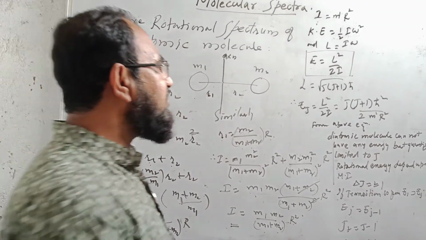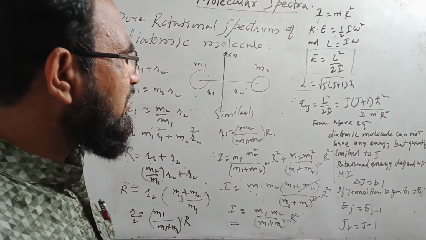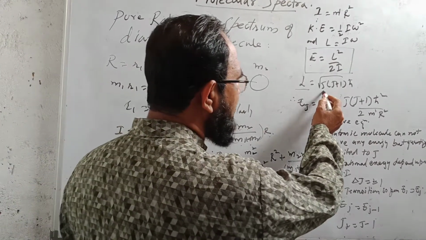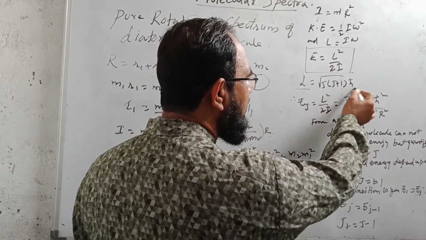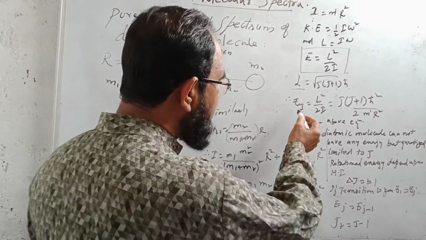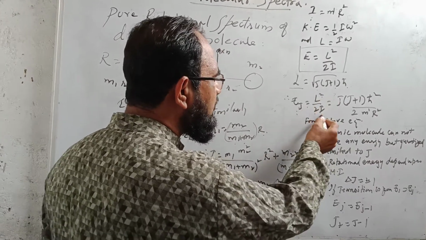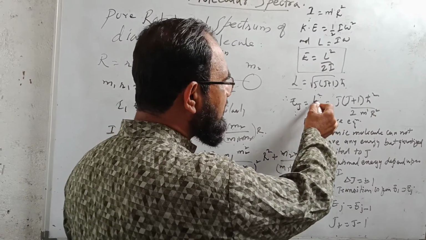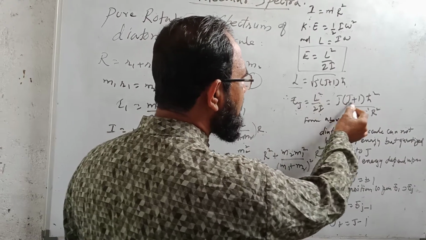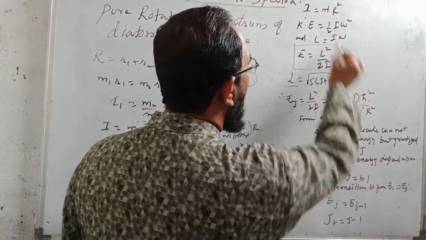But we know that L, the orbital quantum number, is equal to root over j into j plus 1 times h cross, as we studied in the atom model. So Ej, the energy in the jth level, is equal to L square upon 2I. Squaring L, we get j into j plus 1 h cross square upon 2I, that is, upon 2 m dash r square.